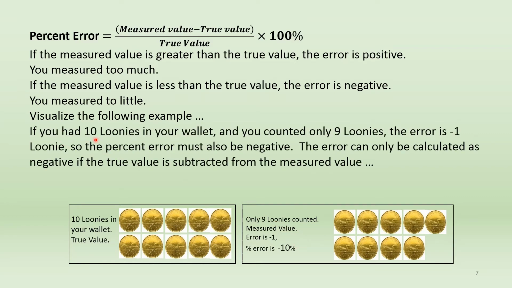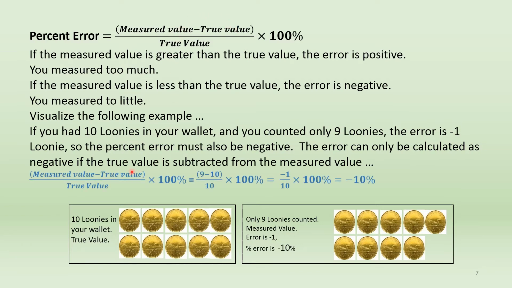So the percent error must be negative. The error can only be calculated as negative if the true value is subtracted from the measured value. So here's measured minus the true, 9 minus 10, negative 1 over 10, negative 10%.